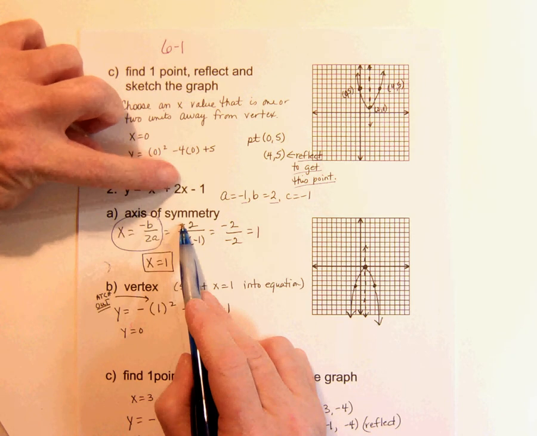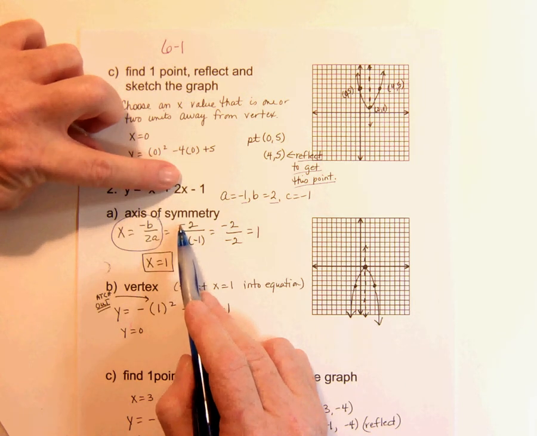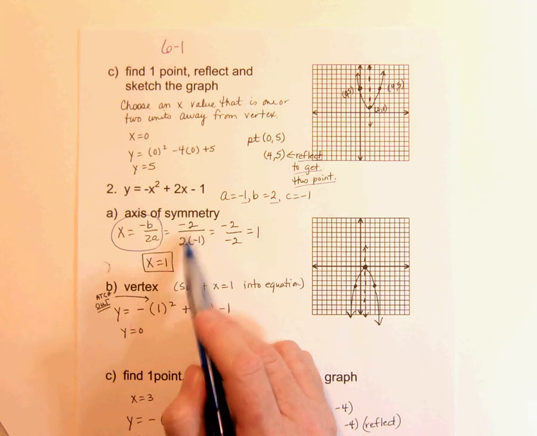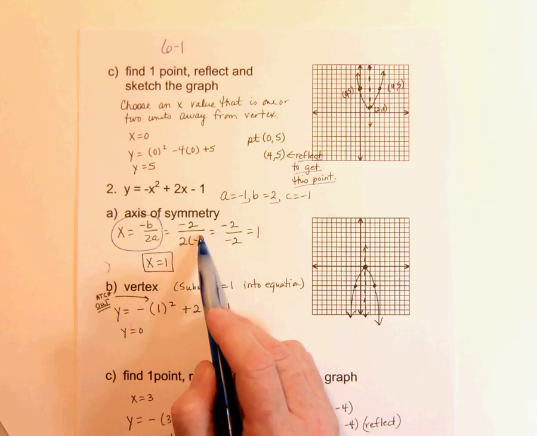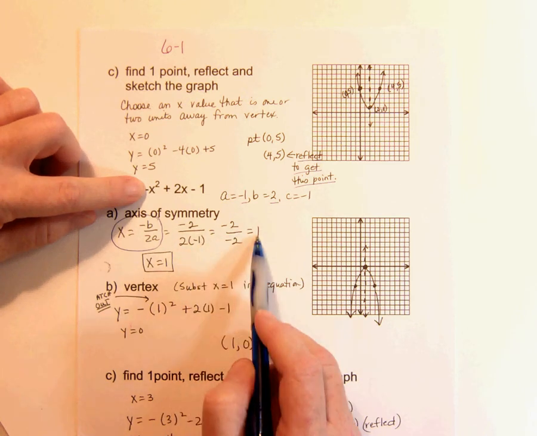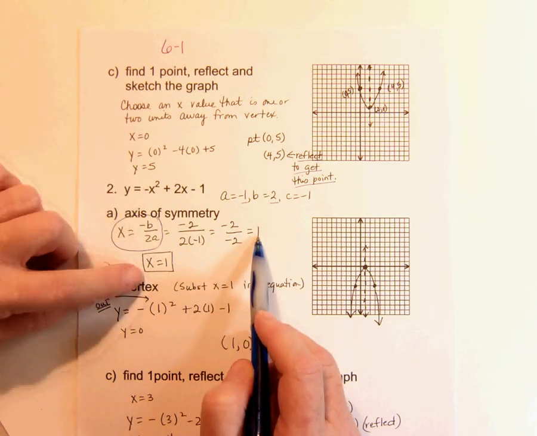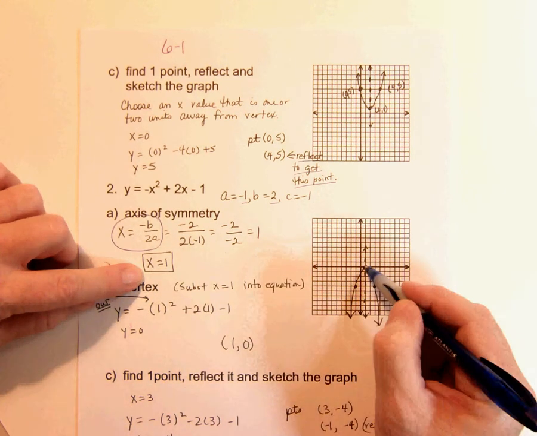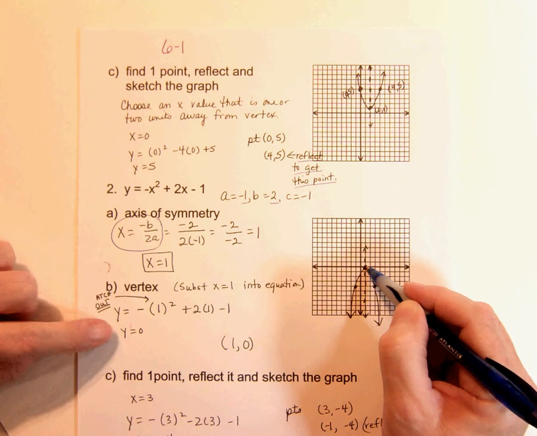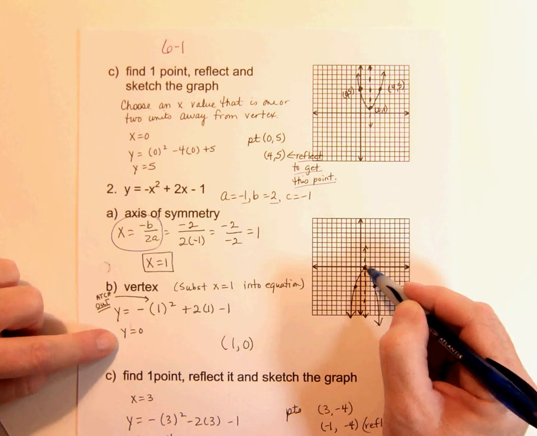If b is 2, its opposite would be negative 2, divided by 2 times a, which is negative 1. So this happens to be the vertex where x is 1. Substituting 1 into the equation gets you y to be 0, so that is my vertex.